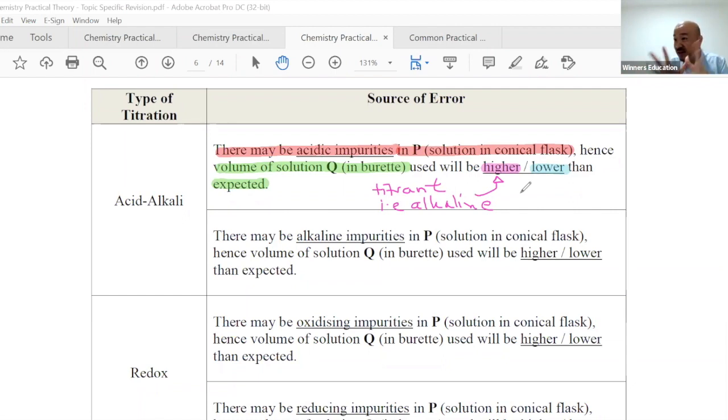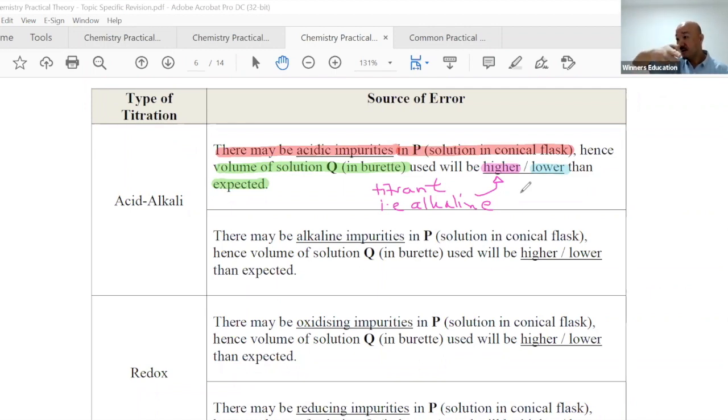It's like a lot higher than what I should get. Why? Is because my conical flask, besides having an acid that I'm titrating with, it got acid impurities. Are you with me? Not the acid, but some impurity that's acidic. So now the conical flask got the original acid, but you also got other acid that's impurity. So obviously the titrant need more. Make sense to you, everyone?